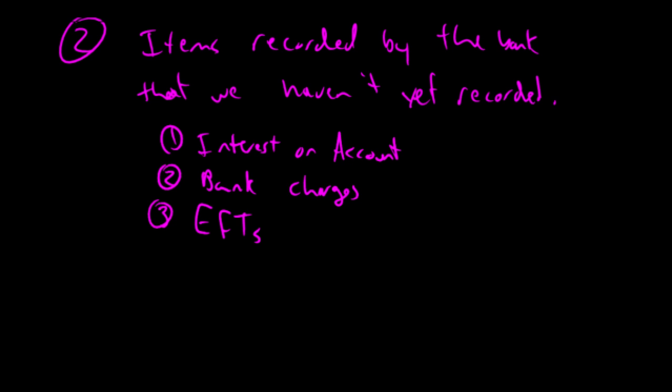So that might appear on a bank statement, but not in a company's own records. A final example of something that may not be recorded is if a customer bounces us a check. NSF checks, which are non-sufficient fund checks. And that's another example of something the bank may have recorded that we may not have.